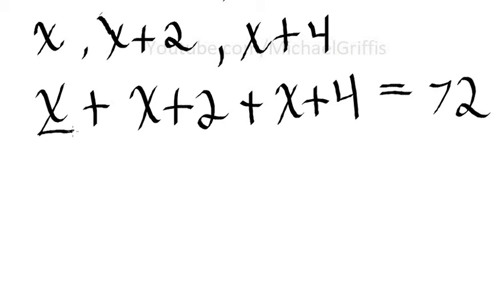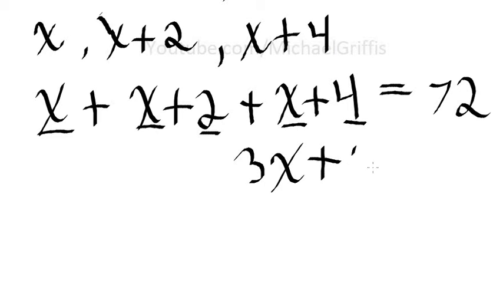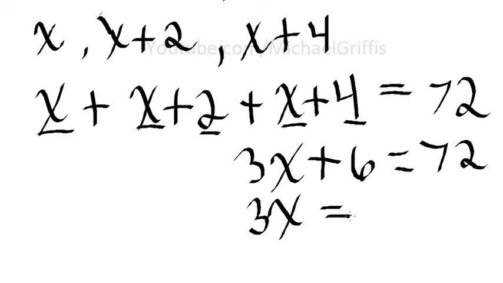So collecting up our like terms, let's simplify this down. So once again we get 3x plus, and this time we get 2 plus 4 is 6, and that's equal to 72.